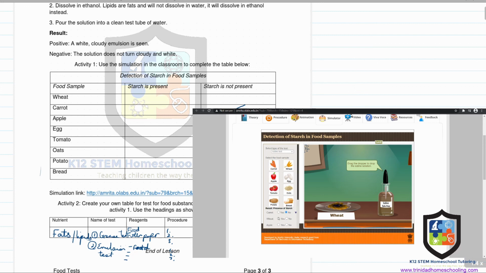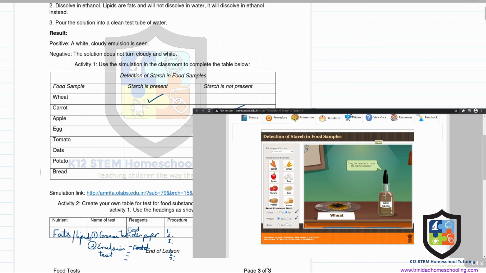You come back to your table and you click yes, starch is present. Then you continue your simulation and do it for the apple, the egg, tomato, oats, potato, and bread, and fill out your table.